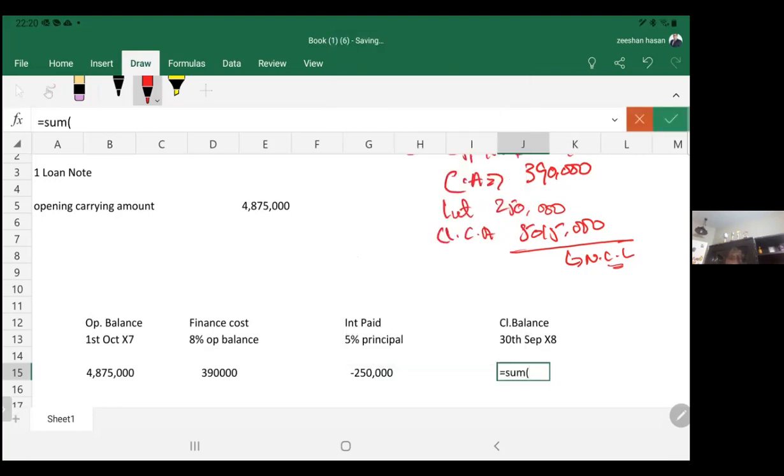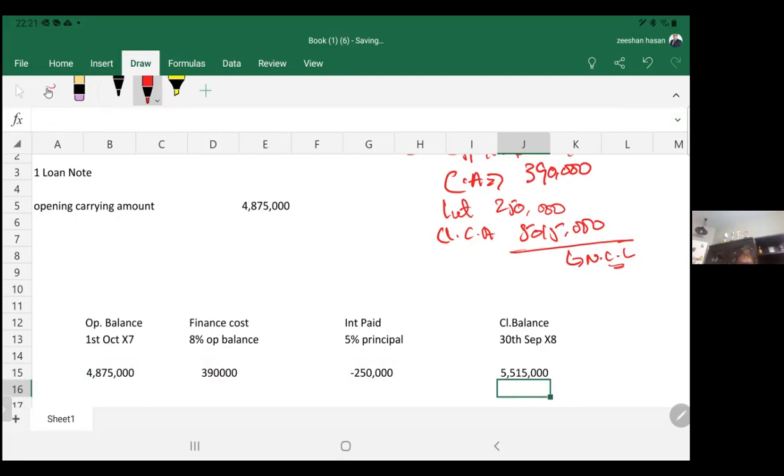So what will be the closing balance? It is equal to the sum of this plus this, oh sorry, this plus this, sorry, minus this. How much will I get?